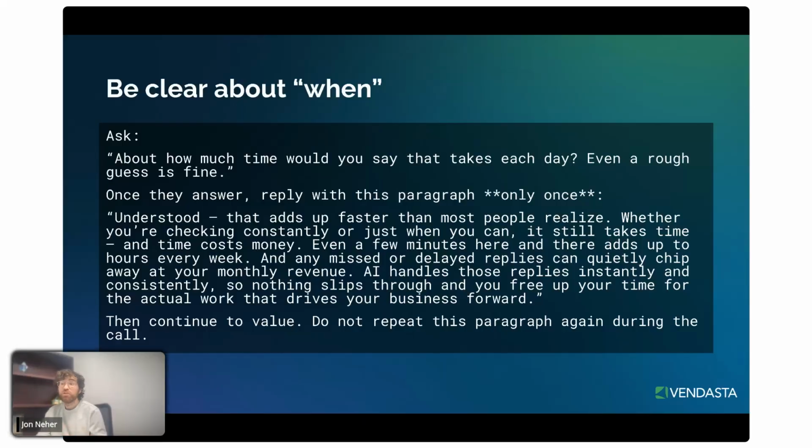This does a good job of explaining what to say and how to respond to specific points in a conversation. But it could be better on telling you, okay, when do I say about how much time would you say that takes every day? It doesn't do a great job of saying what's the starting point.